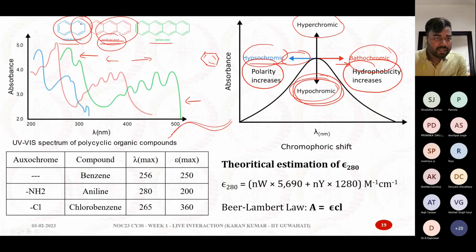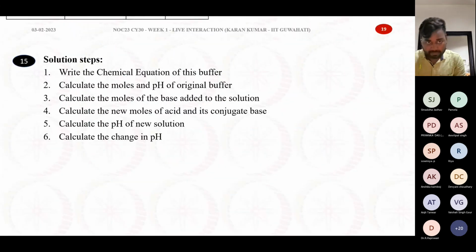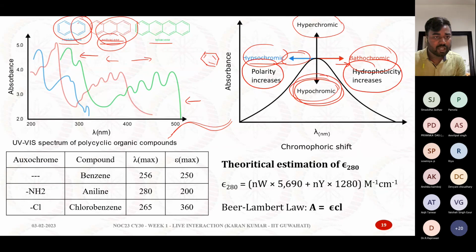So when you reduce one ring, the electron delocalization has decreased, so it will shift to the left direction, and you will observe a hypsochromic shift.